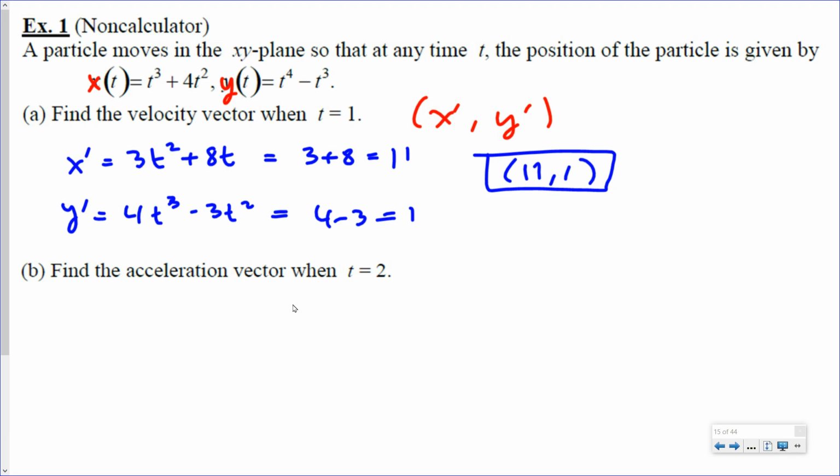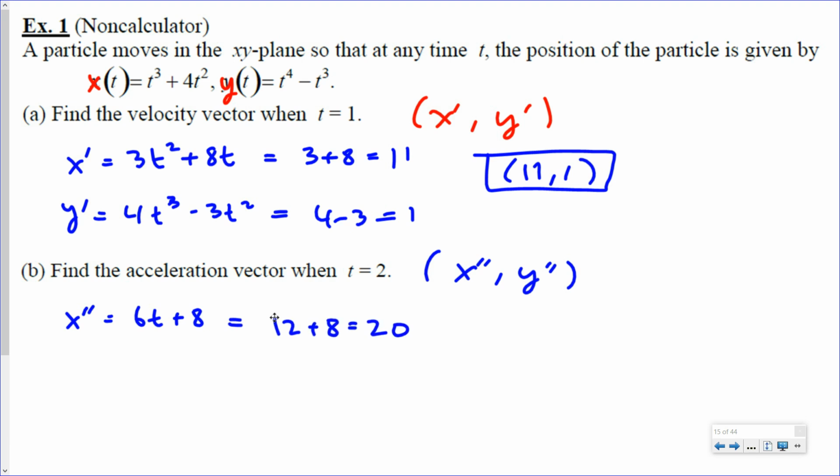What if I wanted the acceleration vector when time is 2? Acceleration means x double prime, comma, y double prime. If I have x prime, can you give me x double prime? Sure, 6t plus 8. But if I want it when time is 2, what you have to do is plug in t equals 2, and what do you get? 20.